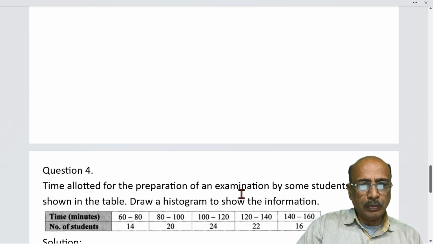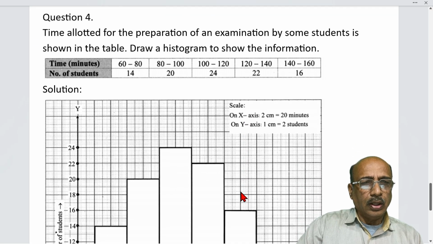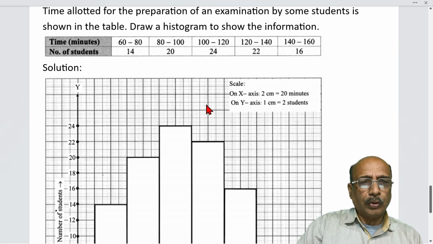Next problem. Time allotted for the preparation of an examination by some students is shown in the table. Draw a histogram to show the information. Time is shown in minutes: 60 to 80, 80 to 100 and so on up to 140 to 160. The number of students, the frequency, is given.